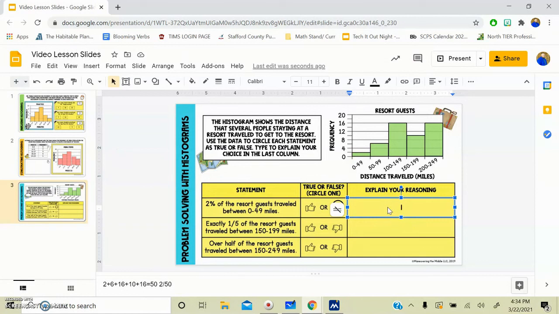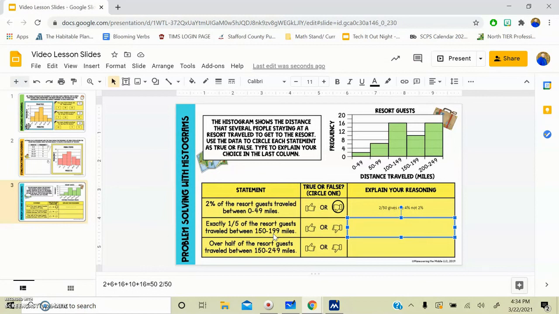And then when I'm explaining it, I can just write 2 divided by 50 gives me 4%, not 2%. So now let's take a look at our second statement. Exactly 1/5 of the resort guests traveled between 150 to 199 miles.